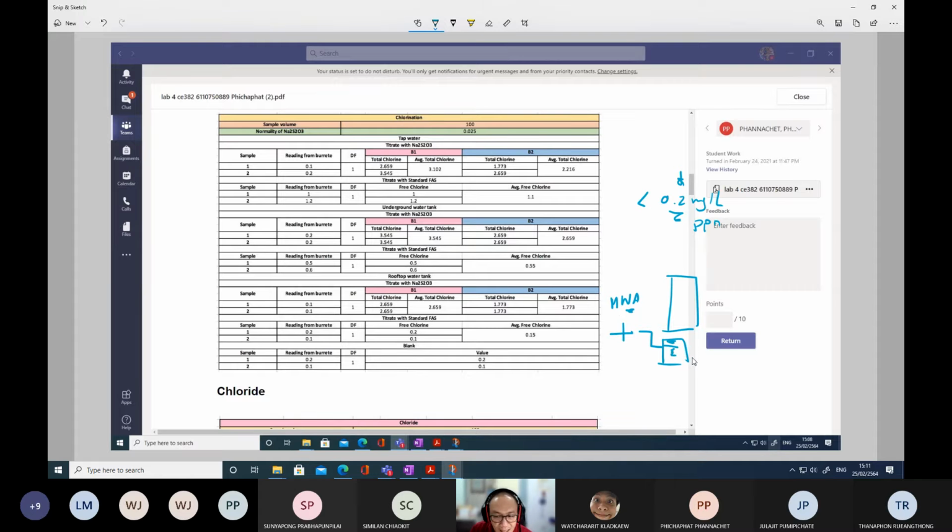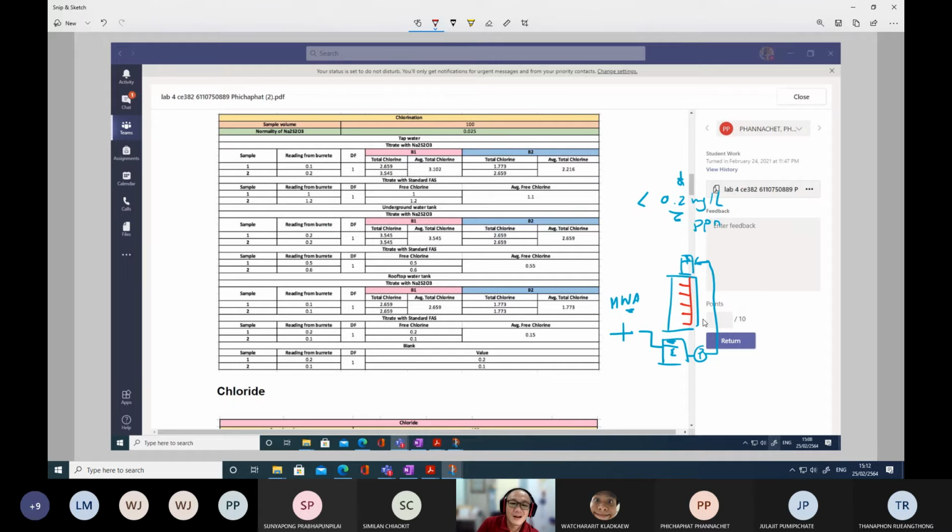This tank is connected with pumps, and the pumps transfer water and keep it in the rooftop water tanks again before distributing the water to each floor, to the consumers living on each floor. So this is the system.